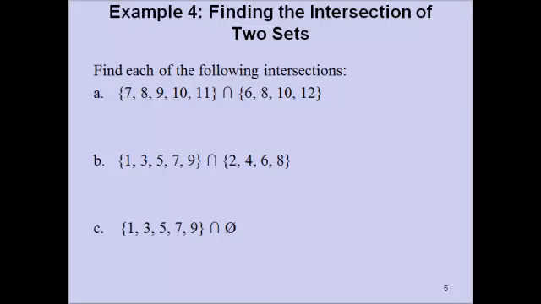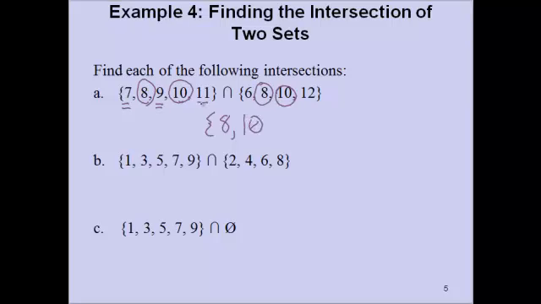Now, if we're going to find the intersection here, what we need to do is find elements that are in both. So 7 only shows up here, but I do have 8 in this set and in this set. So I'm going to put my brace in and put the 8 in. Alright, and 10 I have in both sets, so that's going to be in the intersection, of course.